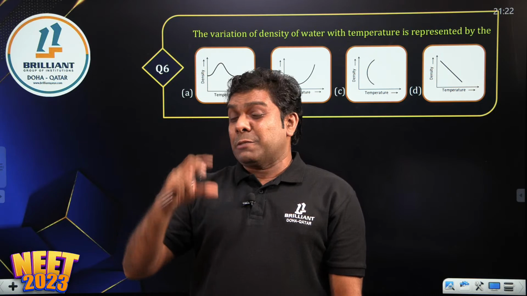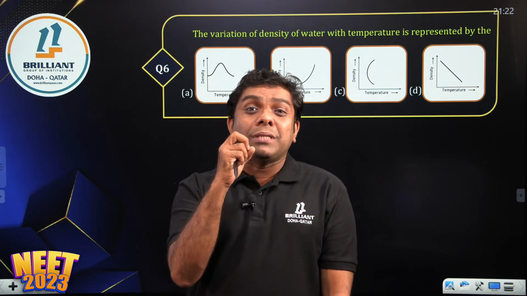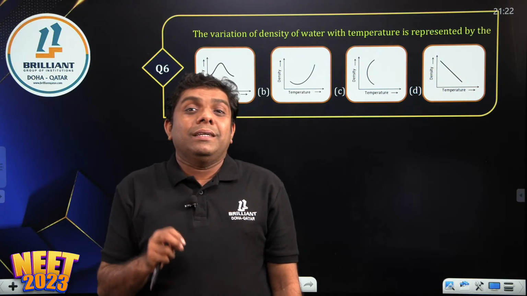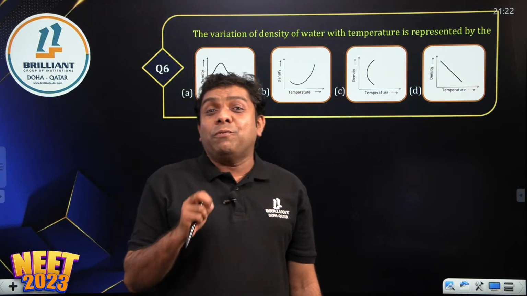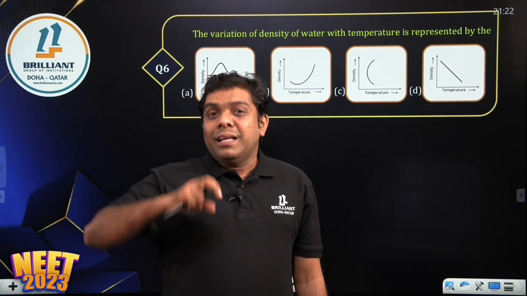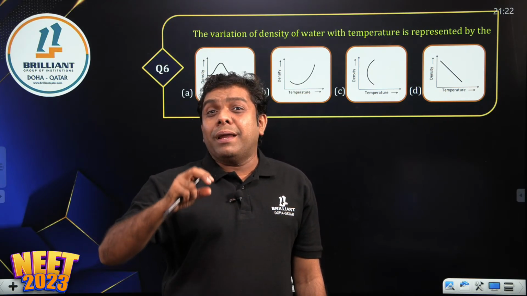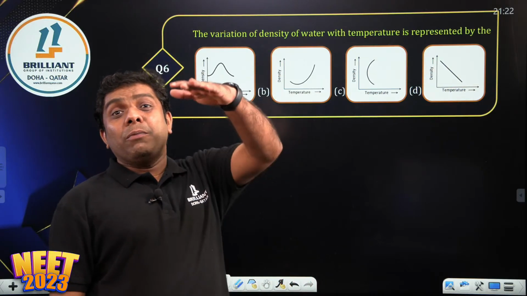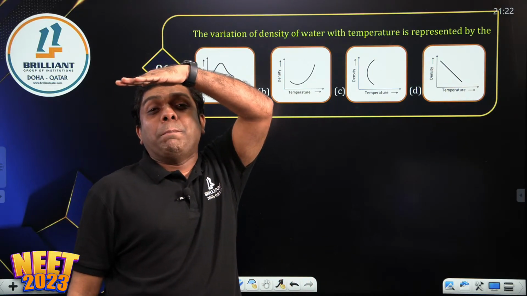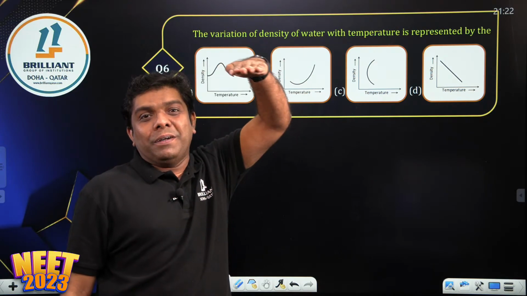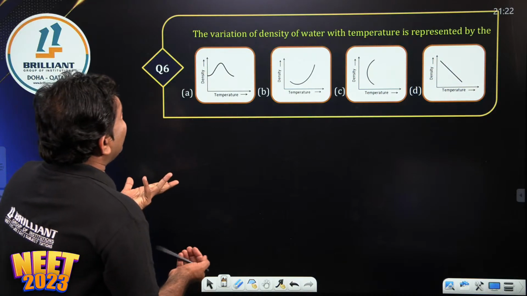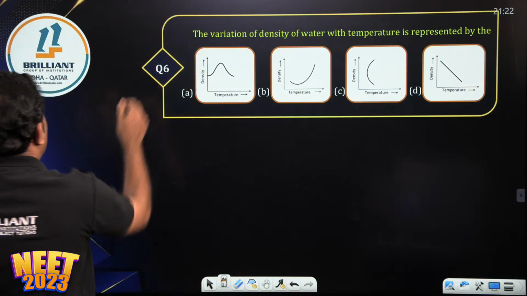That is exhibited by water, and due to that property, life exists on the earth. The anomalous property of water protects a large amount of animal and plant life underwater. A water body starts freezing from the top due to this anomalous behavior. So how does density vary with temperature?